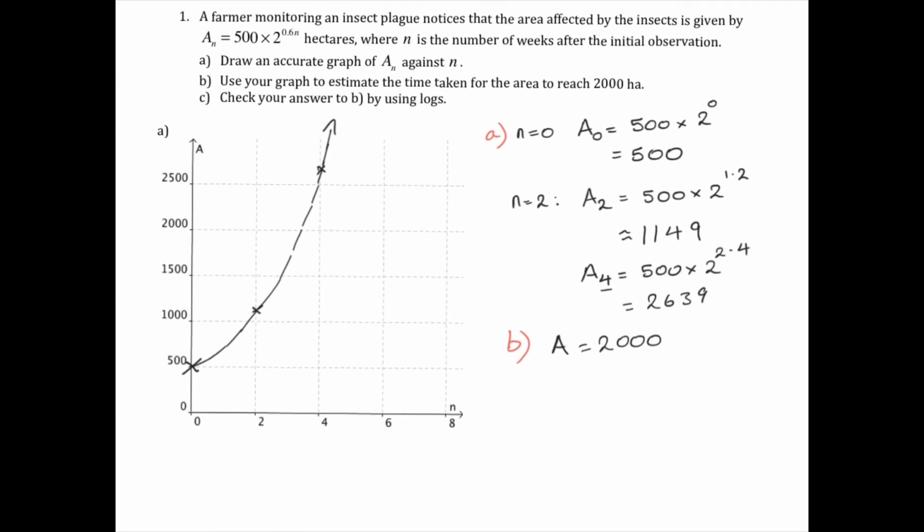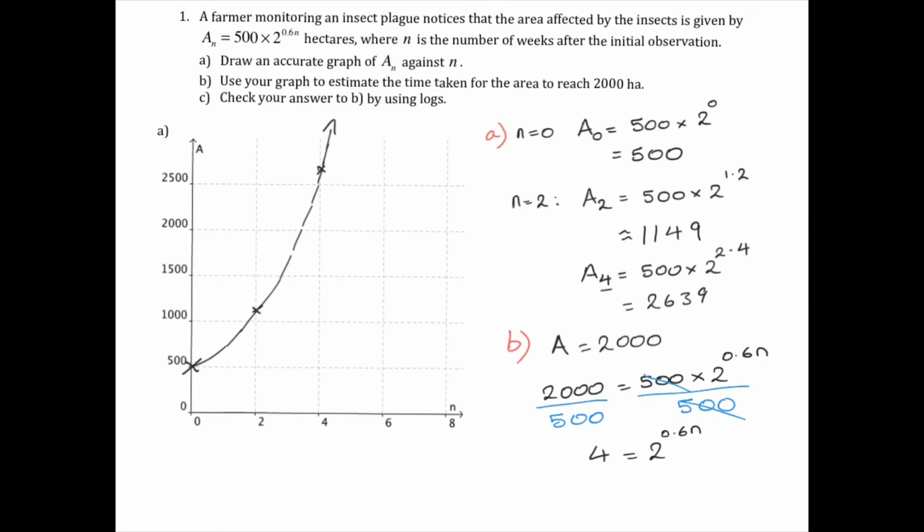So I put 2,000 where A is, so I get 2,000 equals 500 times 2 to the 0.6 n. Now what I can do first is divide both sides by 500. 2,000 divided by 500 is 4, so 4 equals 2 to the 0.6 n.